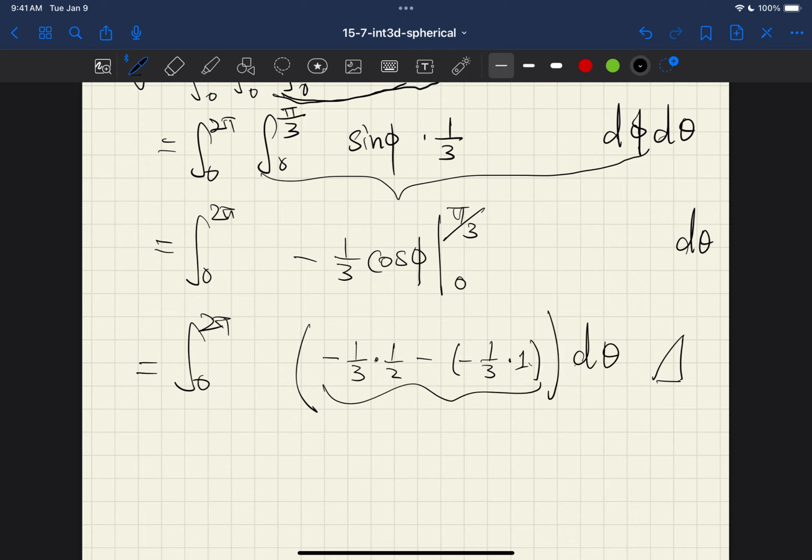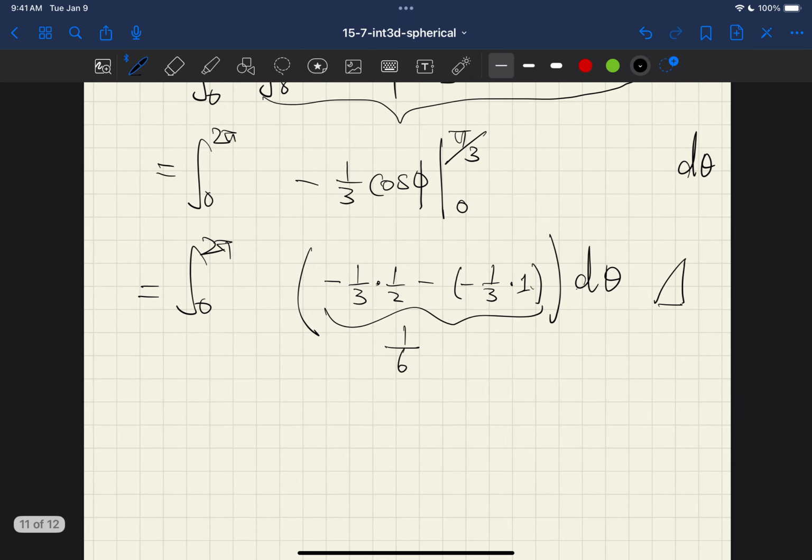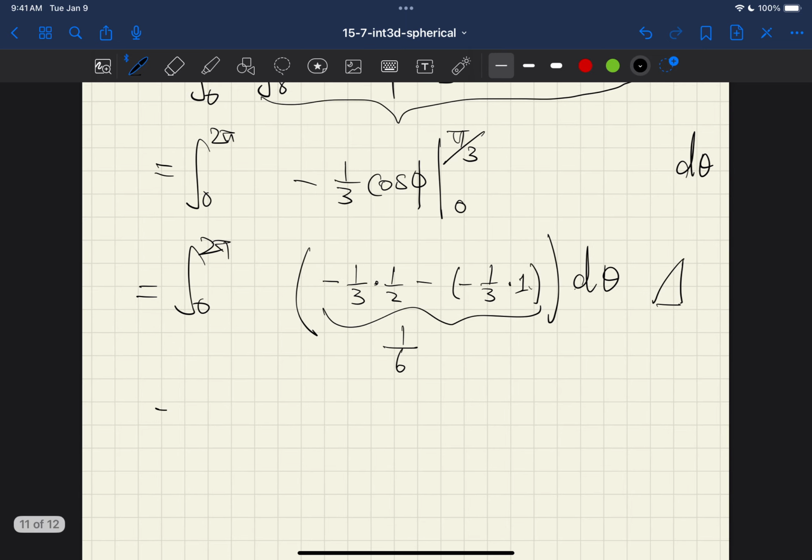This is negative 1/6 plus 1/3, which is 1/6. Now at the end, this is multiplied by 2 pi, which gives pi over 3. All right, so that's the answer.